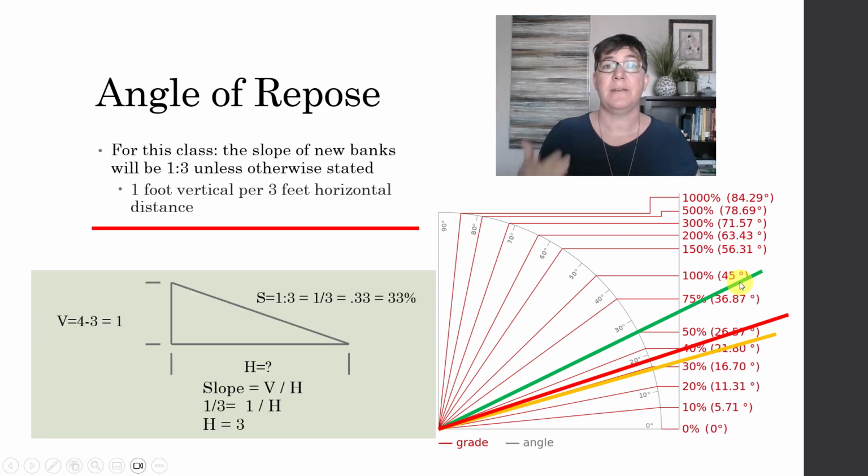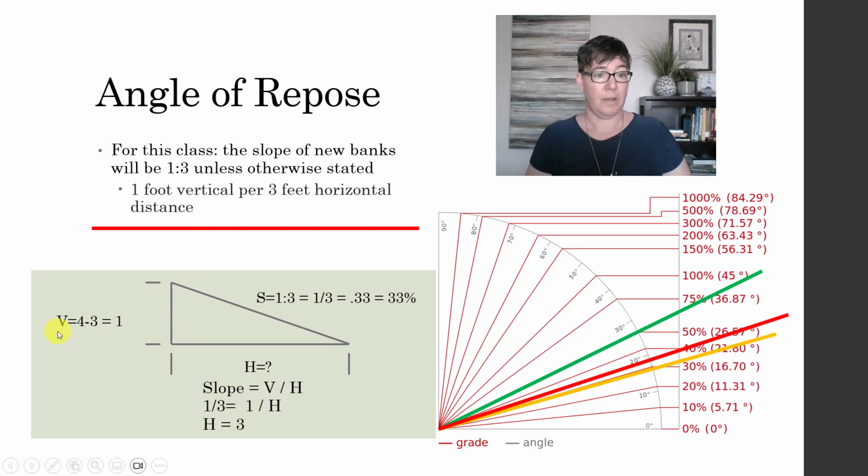For this class and for these educational exercises, we're going to use a standard 1 in 3 or 33% slope for all of our new banks, for all of our new grading, unless otherwise stated. And that calculates to 1 foot of vertical drop per every 3 feet of horizontal distance.